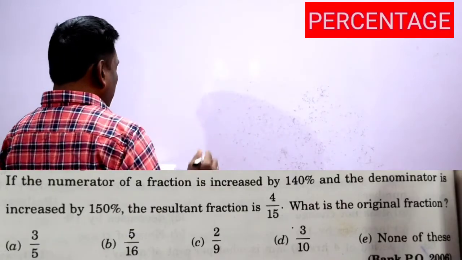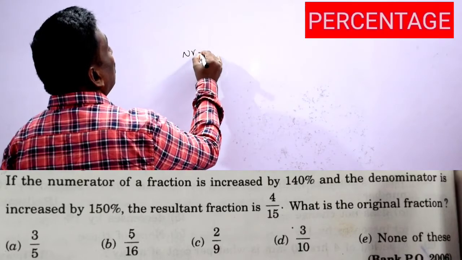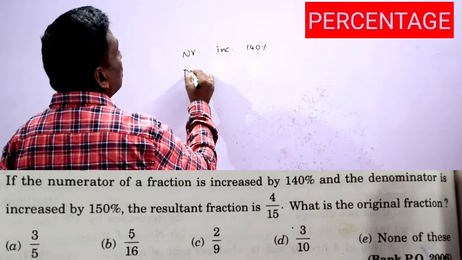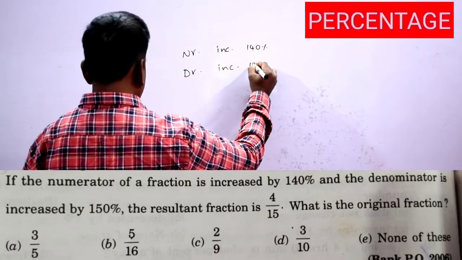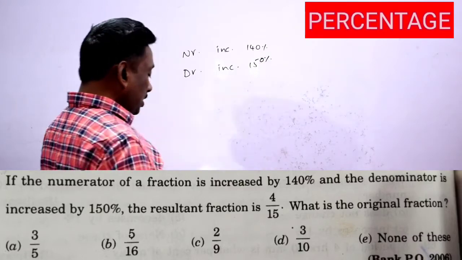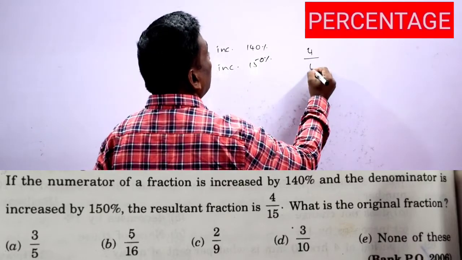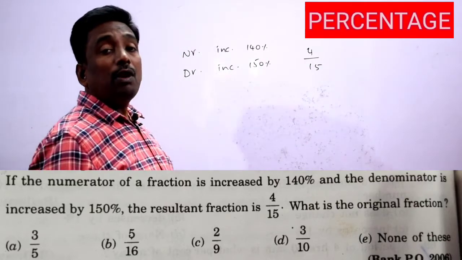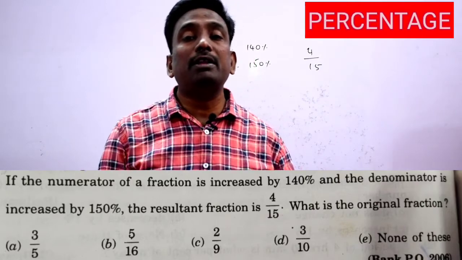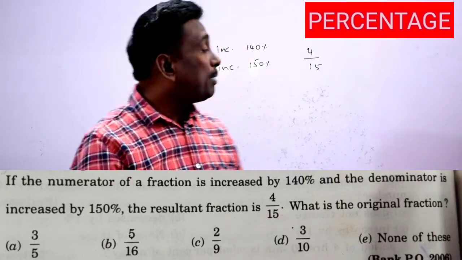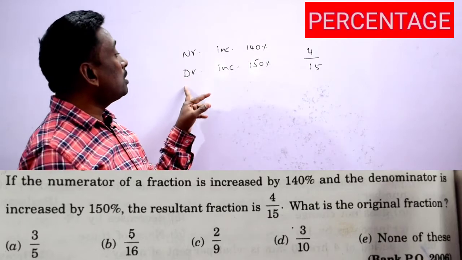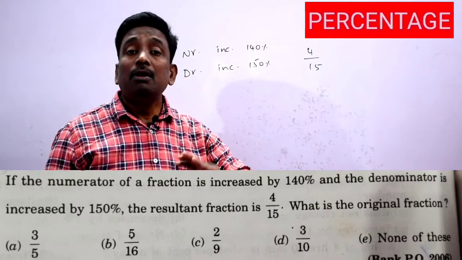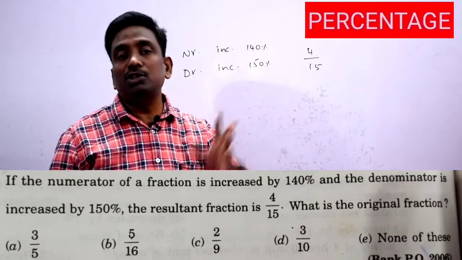If the numerator of a fraction is increased by 140% and the denominator of the fraction is also increased by 150%, then the resultant fraction is 4 by 15. Then he is asking to find what the original fraction is.